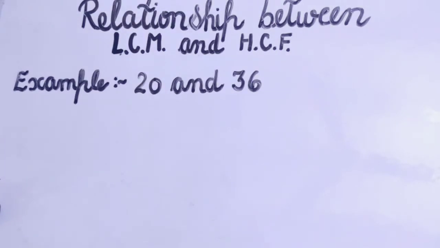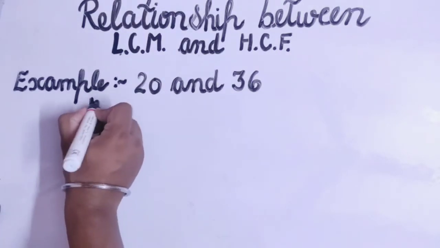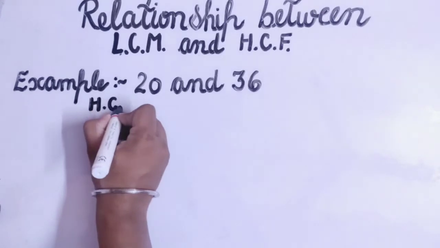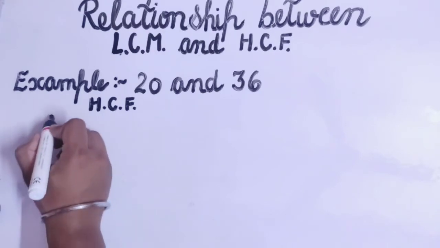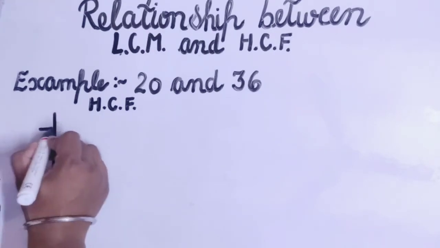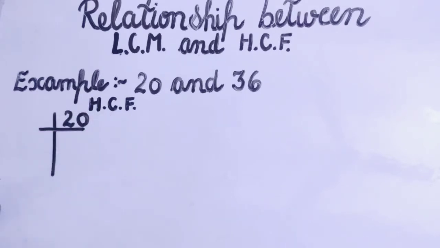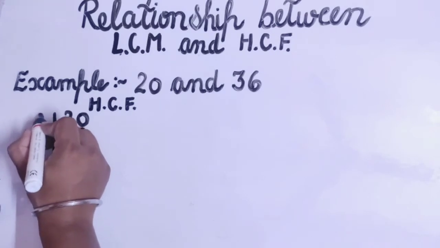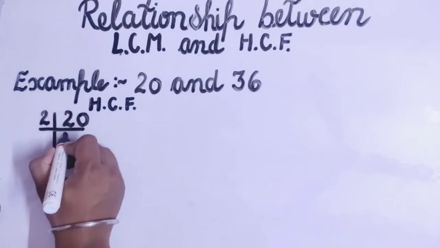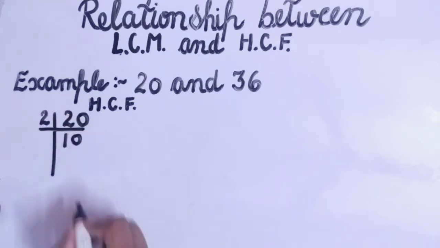So let's find out the HCF first. We will find out HCF by prime factorization method. 20 is given to us. Let's try to divide 20 with the smallest prime number, that is 2. 2 tens are 20.